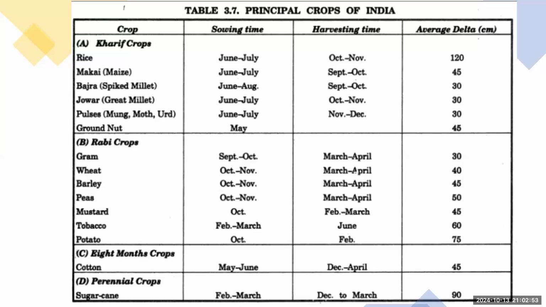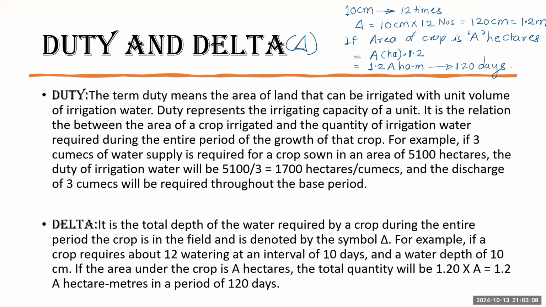If we take the example of an 8 months crop, it is cotton, for which sowing time is between May and June, and harvesting time is between December to April. So the total water applied here is 45 centimeters. So this is about principal crops in India.